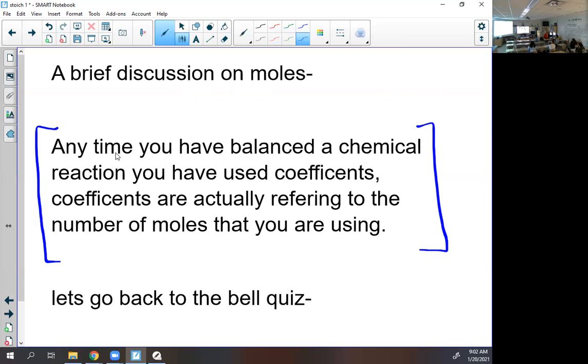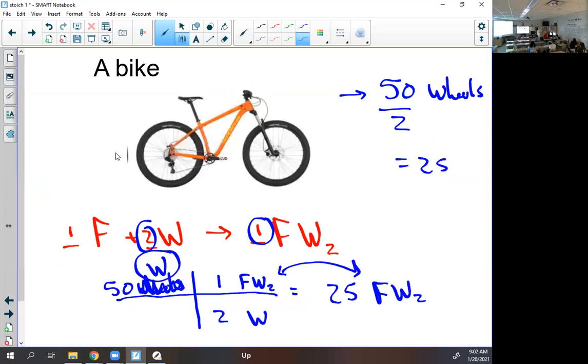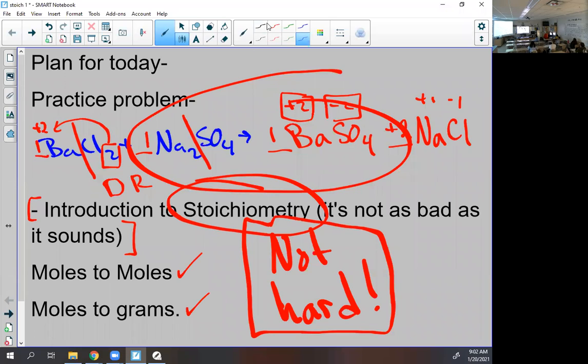Coefficients are actually referring to the number of moles that we are using in the reaction. So you were fine with a 1, a 2, and a 1, but for some reason you're offended when I say 1 mole, 2 mole, 2 mole, 1 mole? Well, that's dumb.